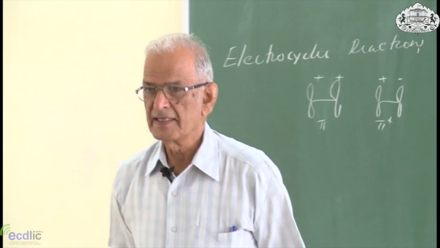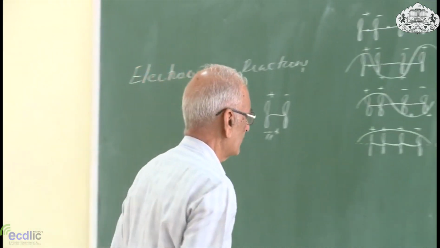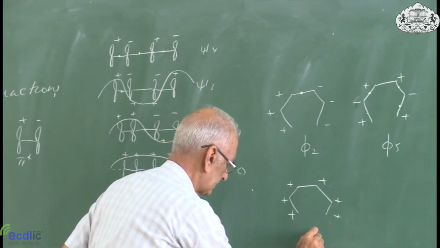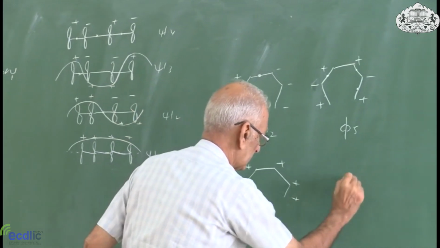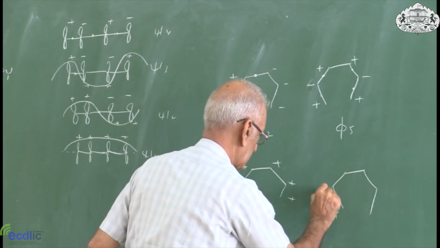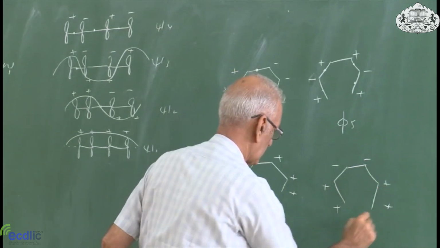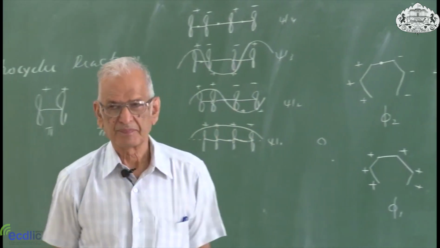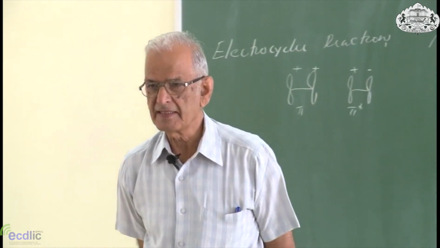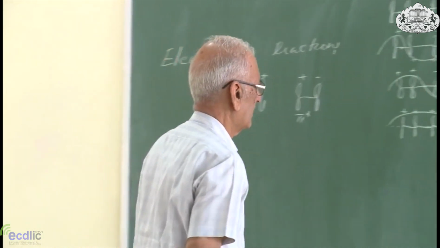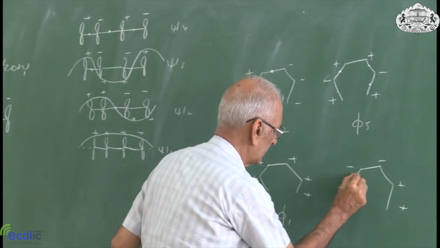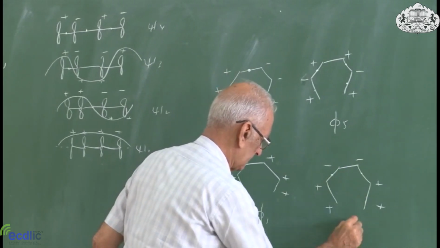There is no node in this. Therefore, this is your first orbital. How many nodes are there in this? 2 nodes. 1 node here, 1 node here.